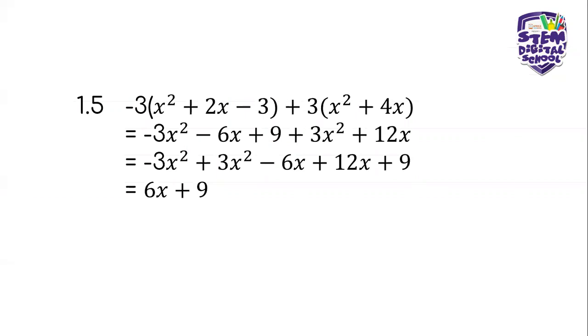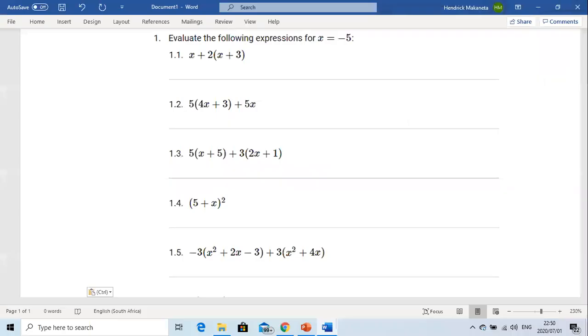Yes, Nosipo Pungula found negative 21, and Tando Ngubani found negative 21 as well. So 6 times negative 5, that is negative 30, and then plus 9, it will give you negative 21. So I fully agree with Tando and Nosipo. That is the correct answer there.